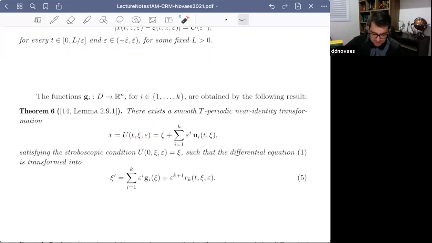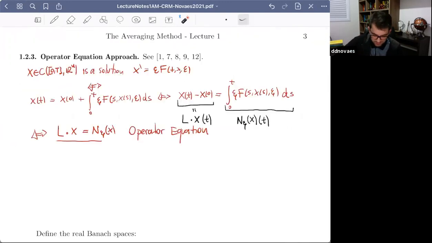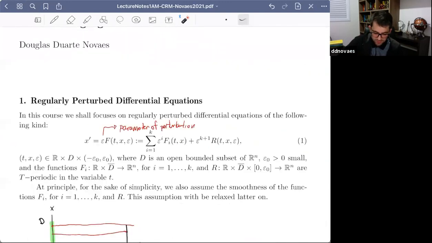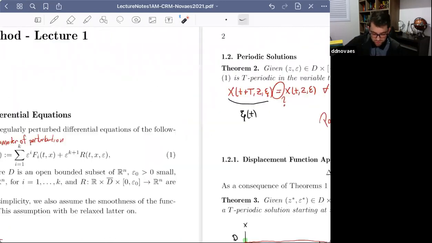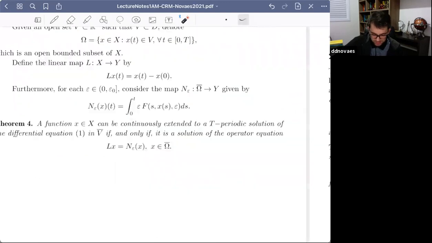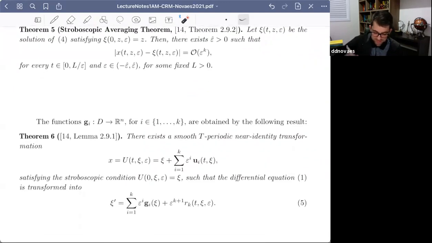Since our standard form is given in power series up to order k, here we also consider a near-identity transformation, but with perturbations up to order k.